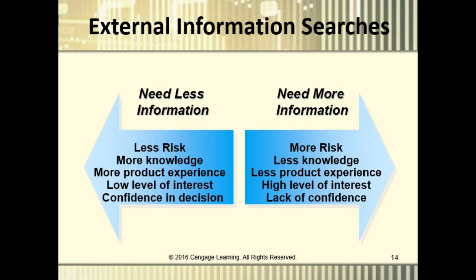It could depend upon your prior knowledge, prior experience, maybe the level of interest that you have with the good or the service. The external search can also be influenced by your confidence in your decision-making abilities. Some people are very confident in their decision-making ability, and other people do not really have a whole lot of confidence in themselves when making a decision on what to buy or what not to buy.